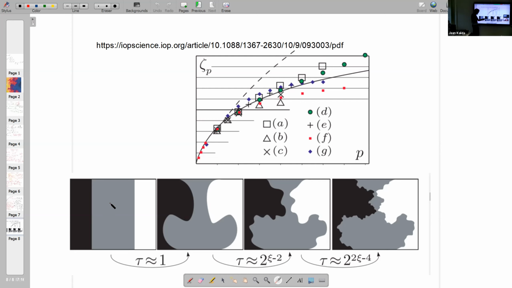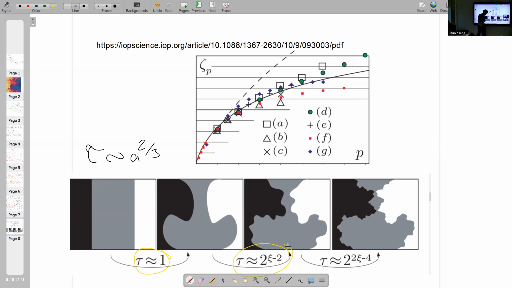If this is one time unit from first to second, we know that the time scale scales as tau proportional to scale to the power of 2/3. If from first to second is time scale 1, then we have the next generation.